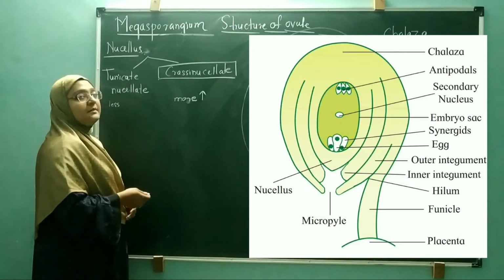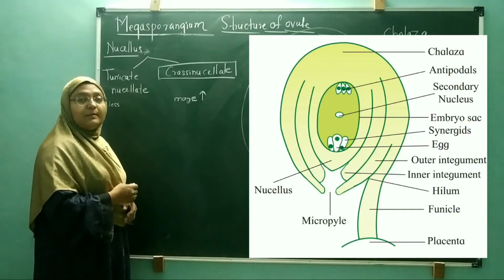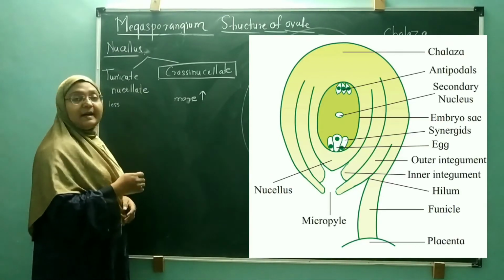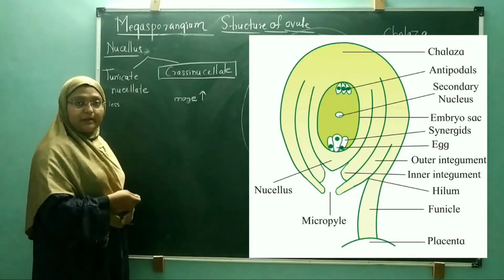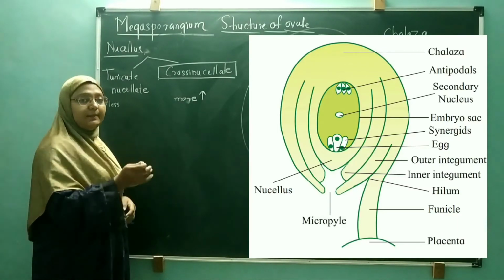And here sometimes the nucellus is in a very small amount. But remember, the nucellus is gradually utilized by the embryo sac for its development. Most angiosperms do not contain nucellus after development.